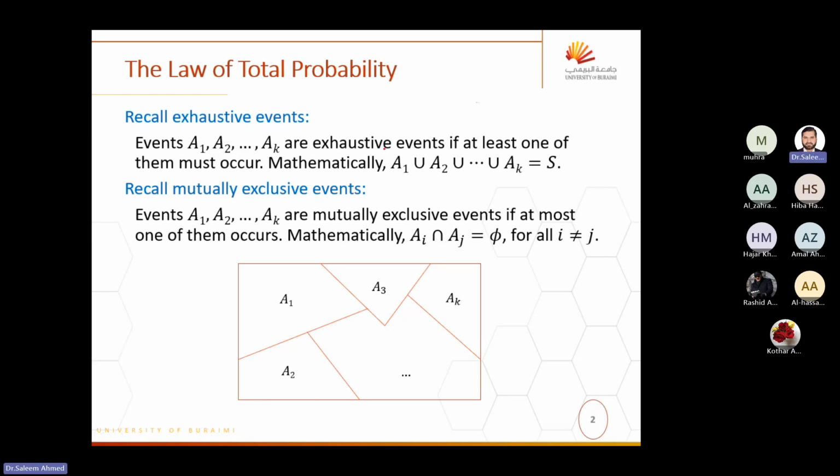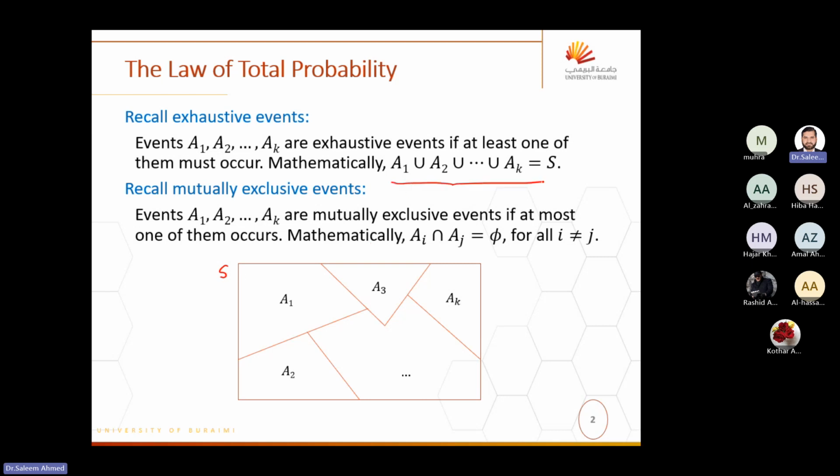Okay, so these events are called mutually exclusive and exhaustive events. If you take the union of all these events, you see this outside rectangle is your sample space S, right? So if you take these events A1, A2, A3, A4, if you just take the union, it will give you the whole sample space.